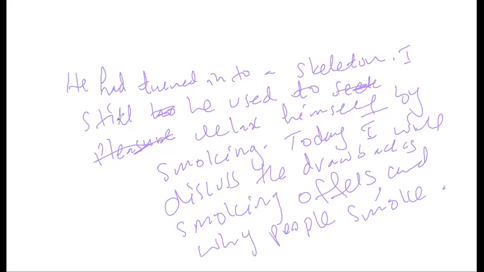Now, he had turned into a skeleton. I still remember that he used to relax himself by smoking. So you're giving a little description. Skeleton, it implies that he has lost his health, okay? And he used to relax himself by smoking.